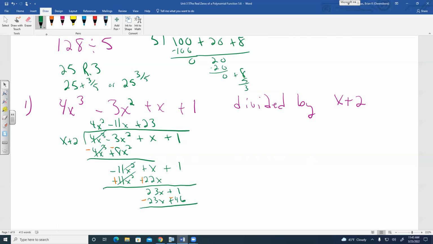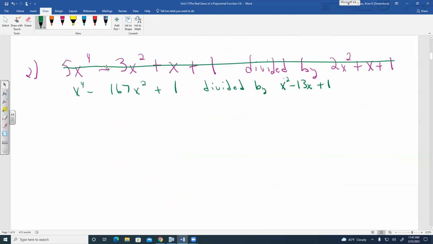So 23x and negative 23x will zero out. A 1 and a negative 46 would be a negative 45. So at this point, this would be our remainder. So x plus 2 would not be a factor of this polynomial because I got a remainder. I could still write my quotient with a minus 45 over this x plus 2 as my answer.